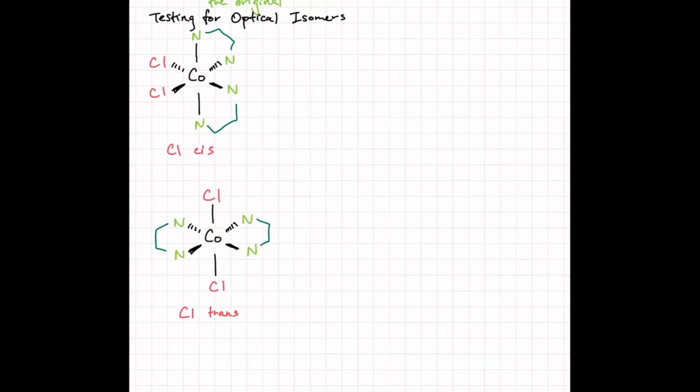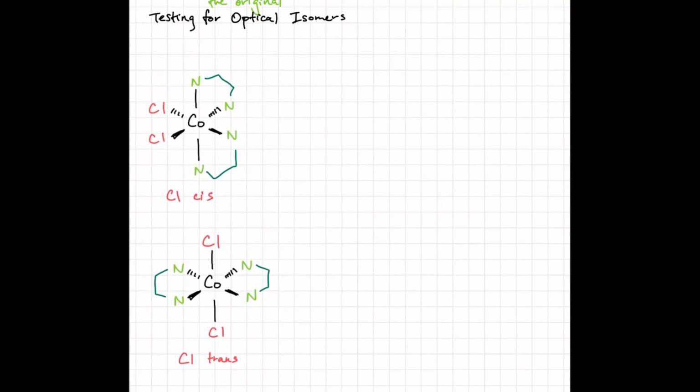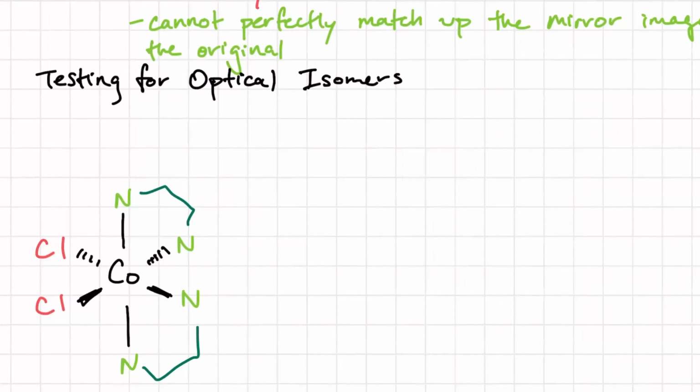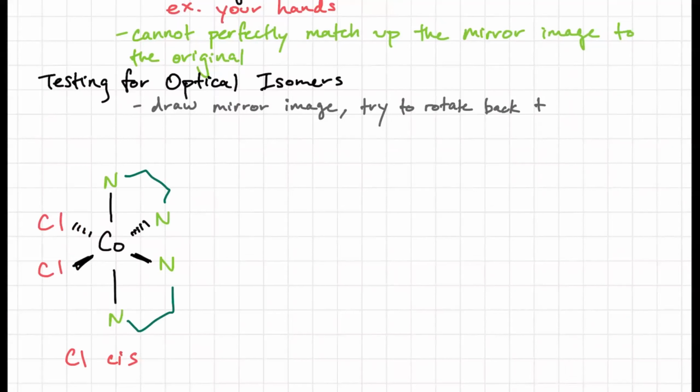The strategy I recommend for pretty much everyone starting out is to draw the mirror image, and try to rotate back to the original.